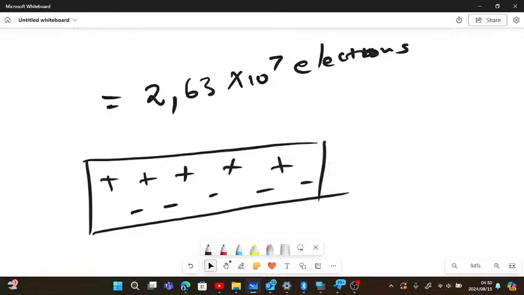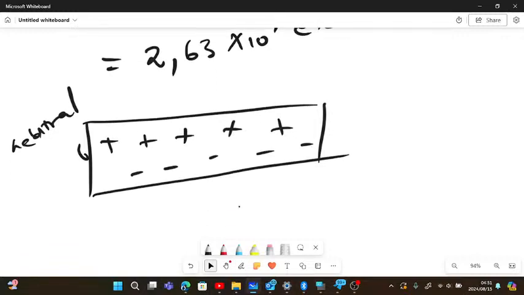So then we say this specific object is neutral. It's neutral because this material consists of an equal number of protons and electrons. We already know that we have two types of charges: the positive charge and the negative charge.